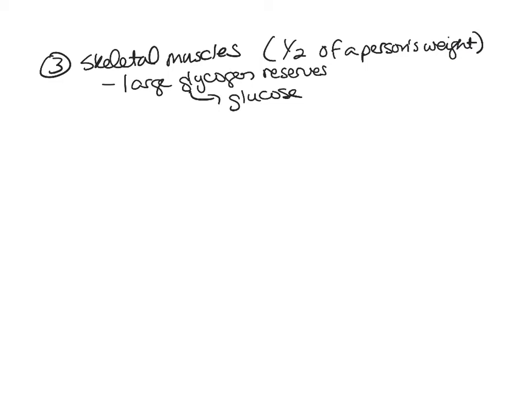And if necessary, if the glycogen levels run out, so you don't have glucose, then the skeletal muscles will sort of eat themselves, and they will break down the contractile proteins. So you remember what the contractile proteins are. That's like the actin and myosin.